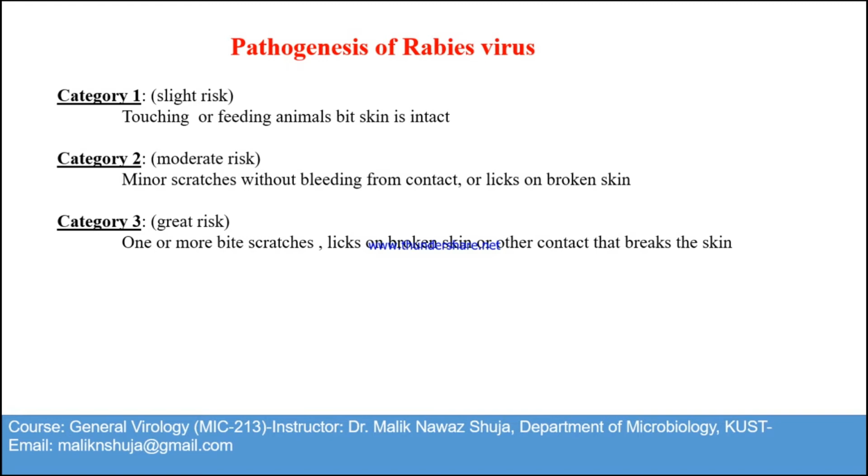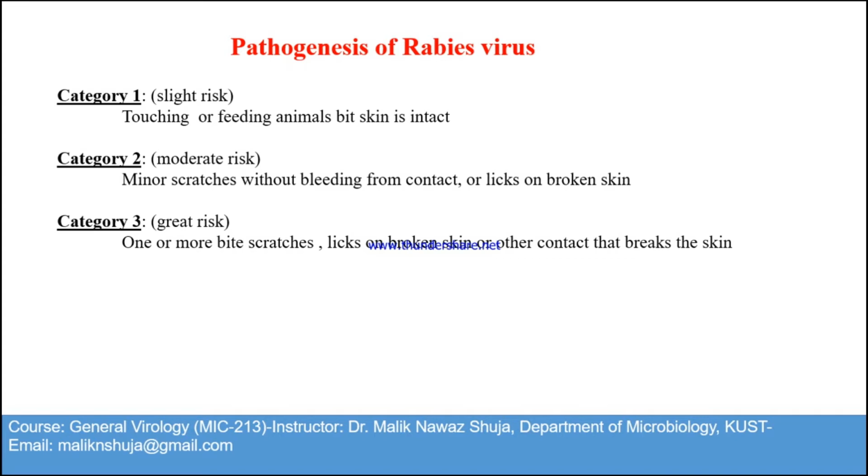There are chances that if we are doing some sort of activity in which touching and feeding animals, the skin comes in contact, then we are at a little bit of risk.